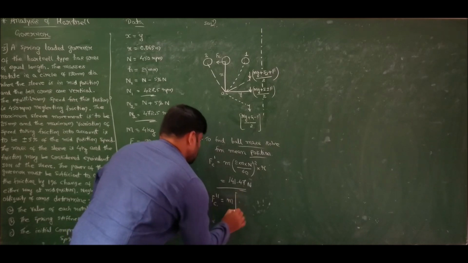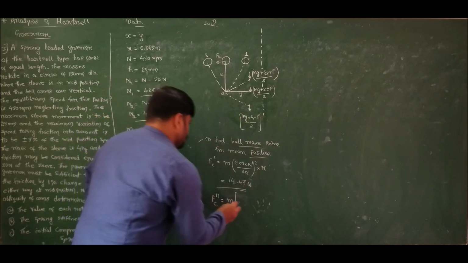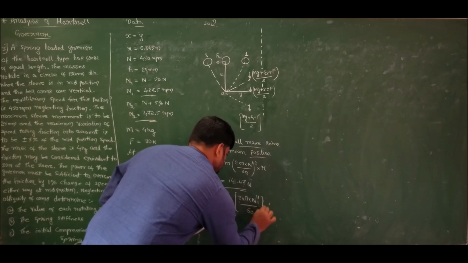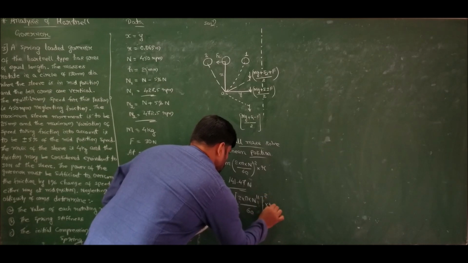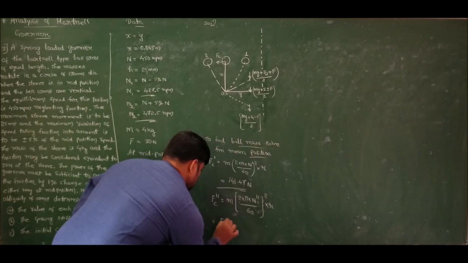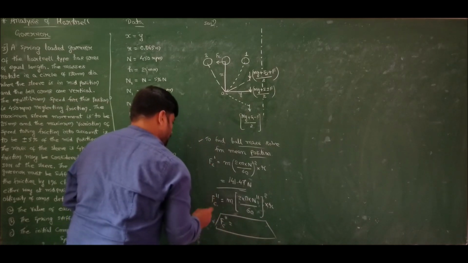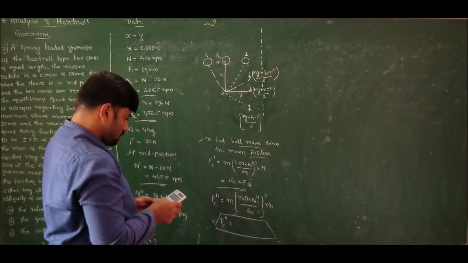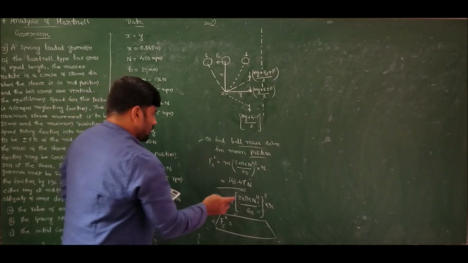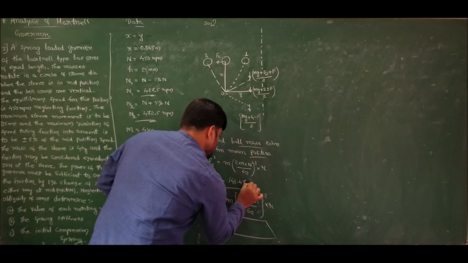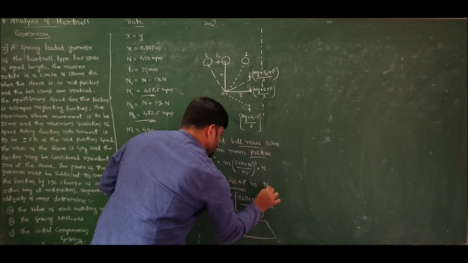M times 2 pi n double dash by 60 whole square into R. How much is Fc double dash? Sorry, here M is not known. No? I want to find the value of M. So multiply this by M. M meters.